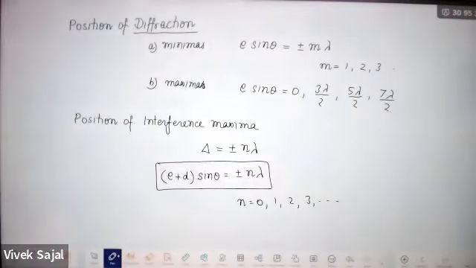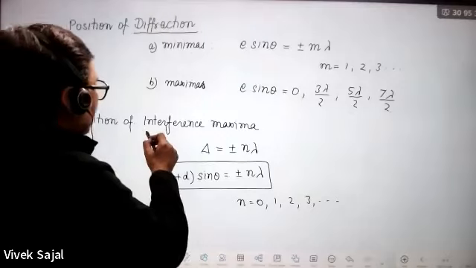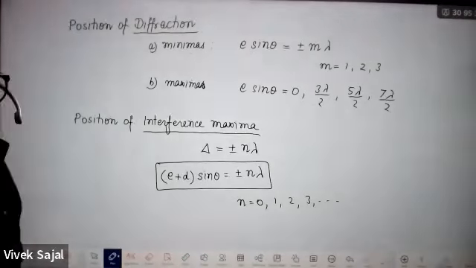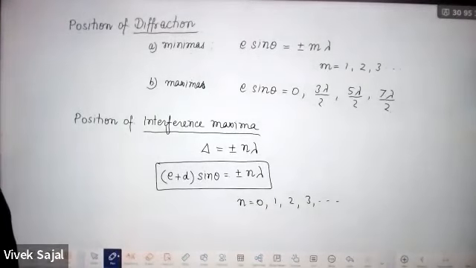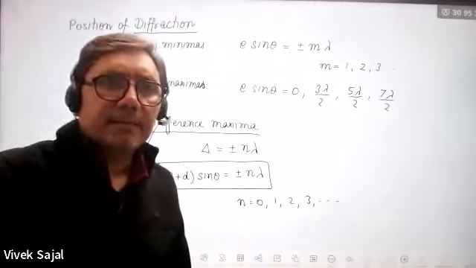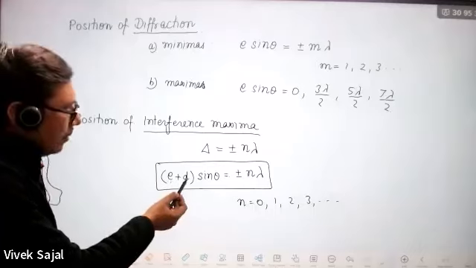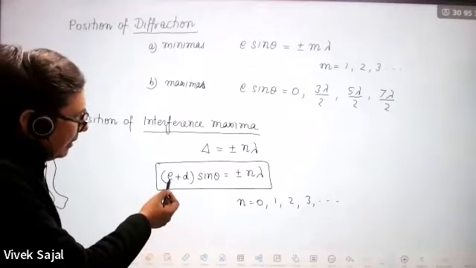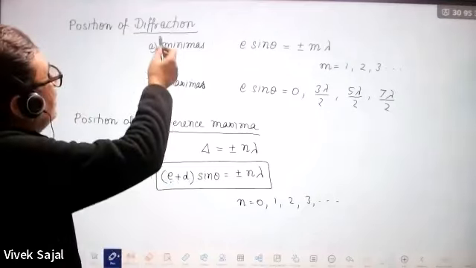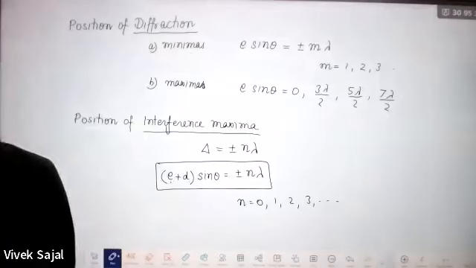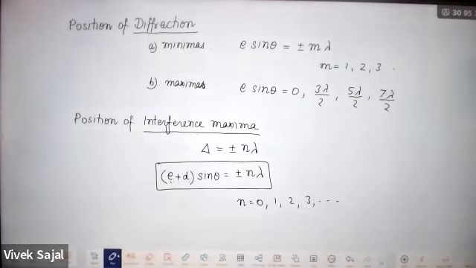This will be the condition. So these are the conditions of interference maxima, diffraction minima, and diffraction maxima. Is this clear to everyone? Yes, sir. So interference maxima and minima are similar to YDSE. In YDSE, this E was 0, so it was d sin theta equal to plus minus lambda. Here it becomes E plus d in place of d. And diffraction maxima or minima are very similar to the single slit diffraction experiment.